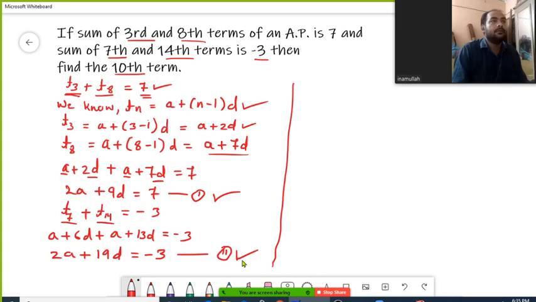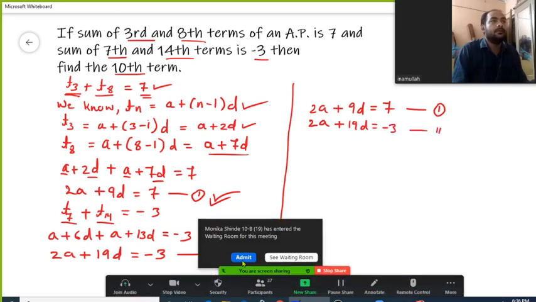So I'm going to subtract equation 2 from 1. So this is 2A plus 9D is 7. This is my equation number 1. Then I'll take my equation number 2, which is 2A plus 19D is equals to minus 3.